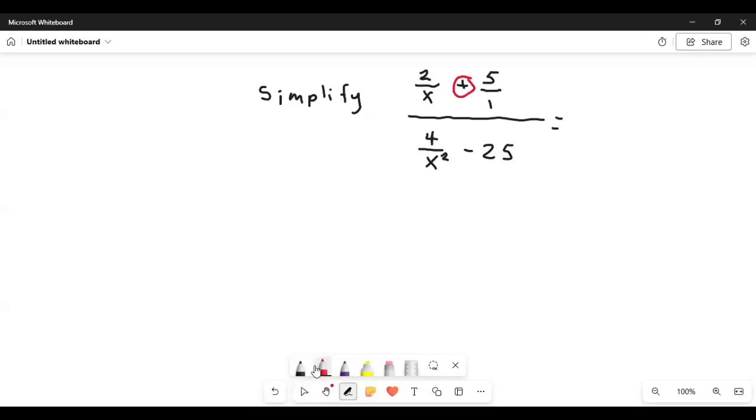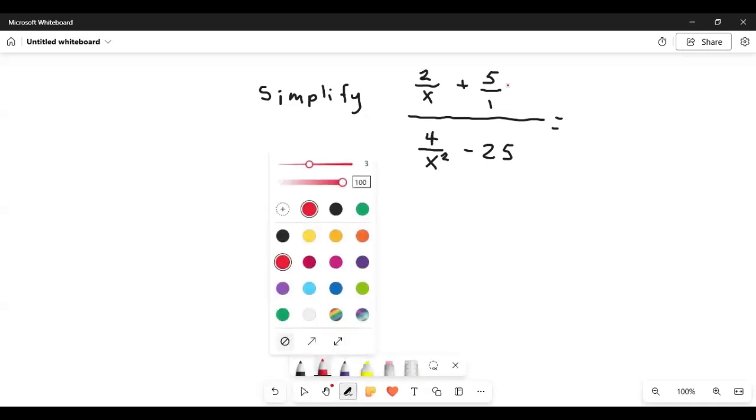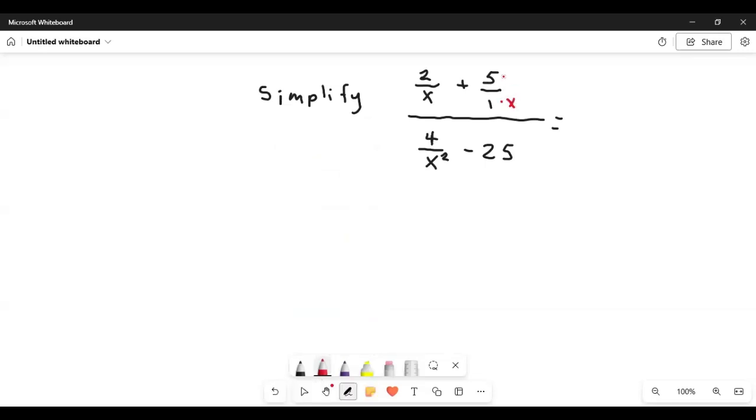If we're going to add fractions, we need common denominators. The common denominator between x and 1 is, well, 1x, which is just x. So let's multiply the second fraction by an x on the top and the bottom so that we have common denominators.